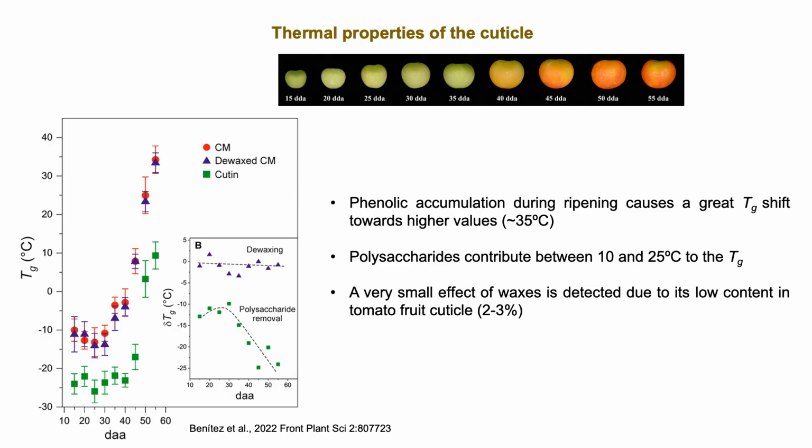But that is because tomato, at least the domesticated tomato, has a very, very low amount of waxes. And in order to have a more dramatic effect on the glass transition temperature, you will need a higher amount of them. Finally, the role of polysaccharides can be observed once we remove them from the cuticle, and we see how the glass transition temperature drops dramatically, between 10 degrees and even, in some stages, 25 degrees.